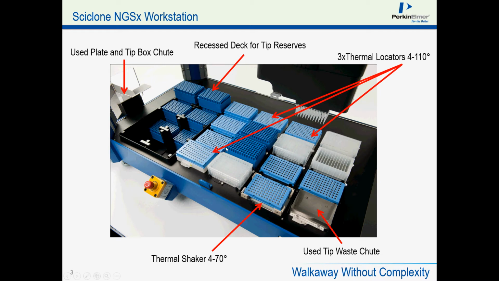Over here, you may notice it says 3 times thermal locators, 4 to 110. On each of these Sciclone NGS systems, we have 3 thermal locators that actively cool or heat from 4 to 110 degrees centigrade. Also, over here on the bottom right corner, it says thermal shaker 4 to 70.